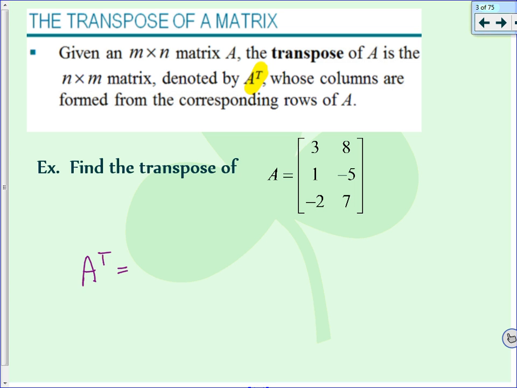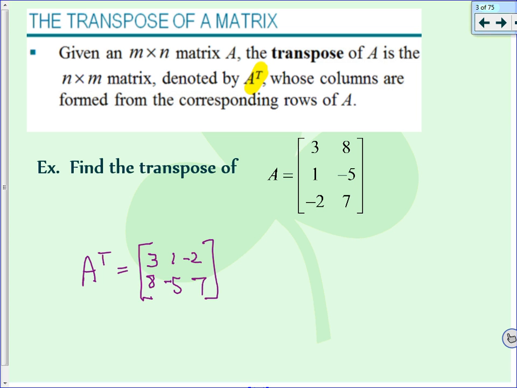So here, we have row 1 of this matrix is 3, 8. So for A^T, column 1 is going to be 3, 8. So row 1 becomes column 1, row 2 becomes column 2, row 3 becomes column 3.